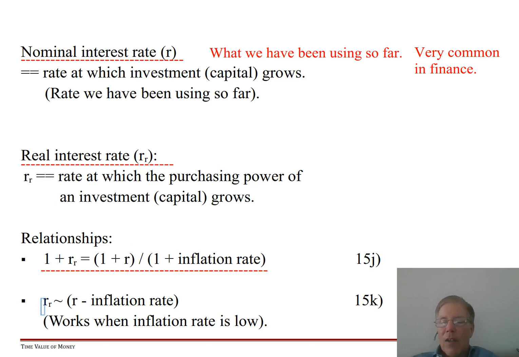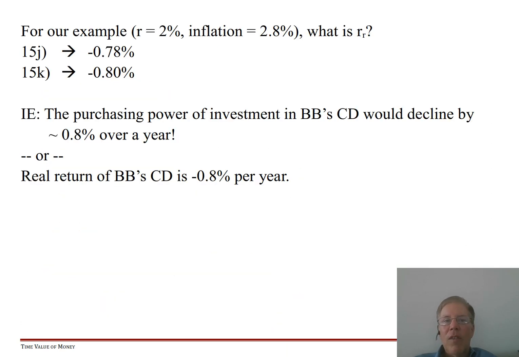If the inflation rate is relatively low, let's say less than 5%, we can use this simplified formula where the real interest rate is approximately equal to the nominal interest rate minus the inflation rate, which is intuitively obvious, as we'll see in a second.